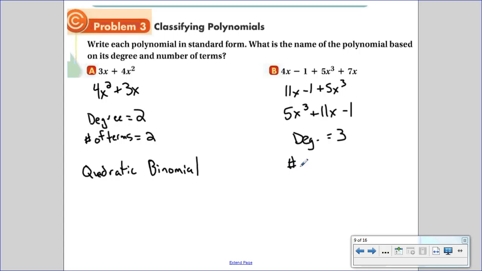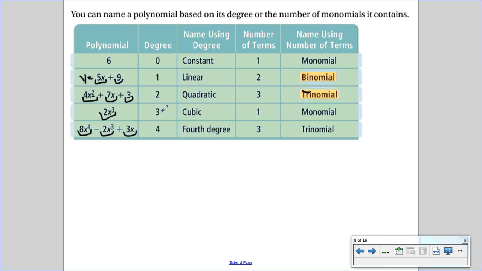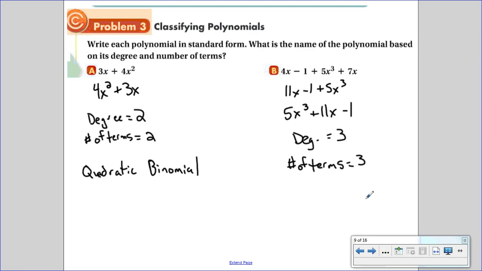My number of terms is also 3. So based off that, 3 is a cubic, and 3 terms is a trinomial. So I have a cubic trinomial.